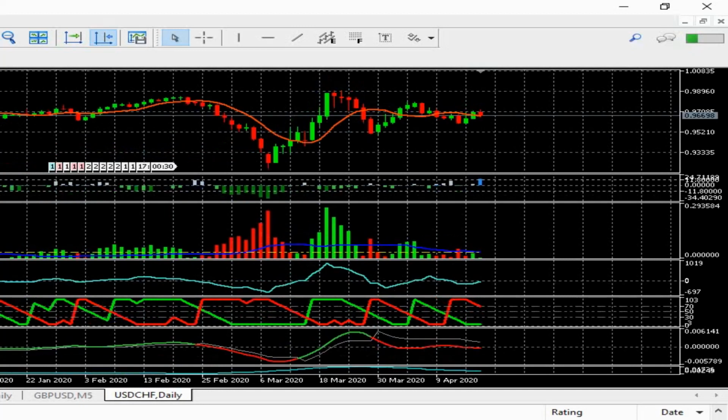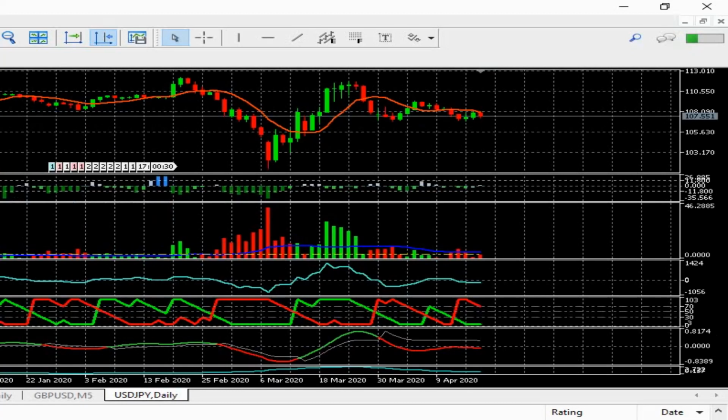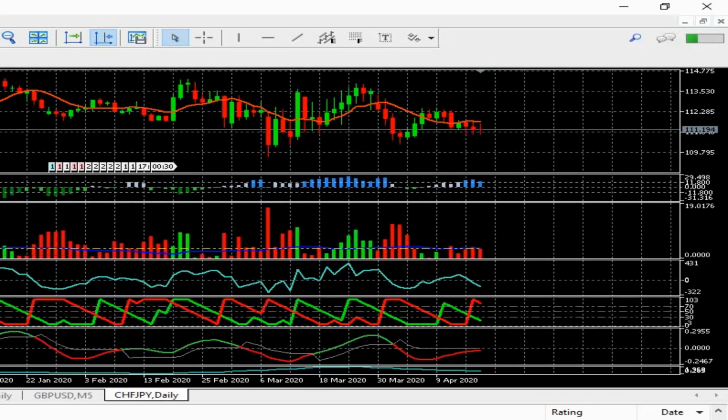The US dollar, Swiss franc, no trade. The US dollar, Japanese yen, no trade. Swiss franc, Japanese yen, no trade. No trade, but that would be on a maybe list.